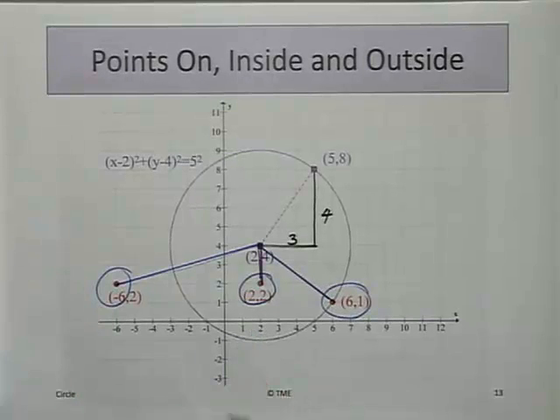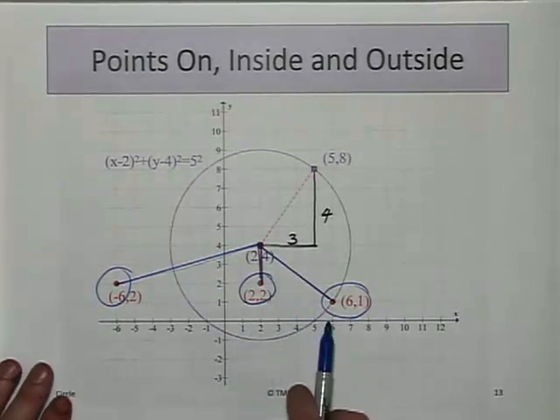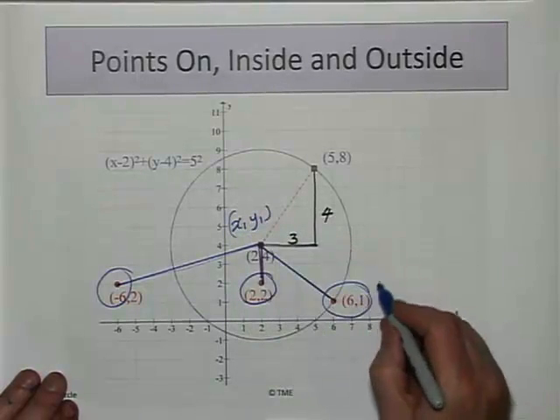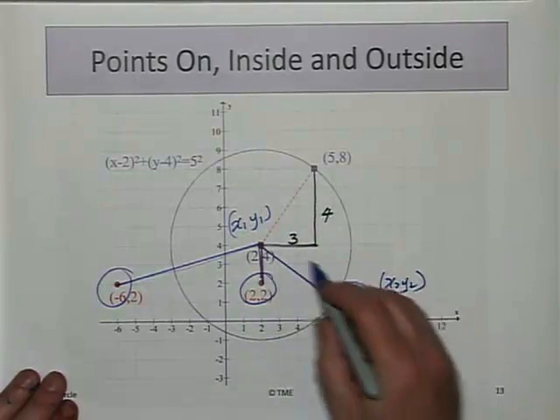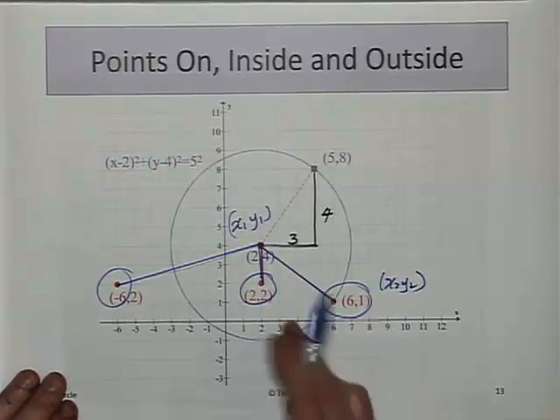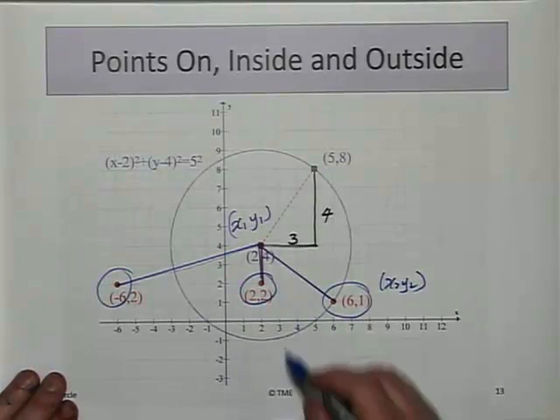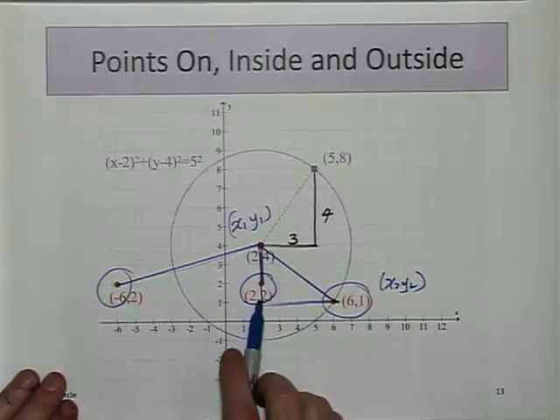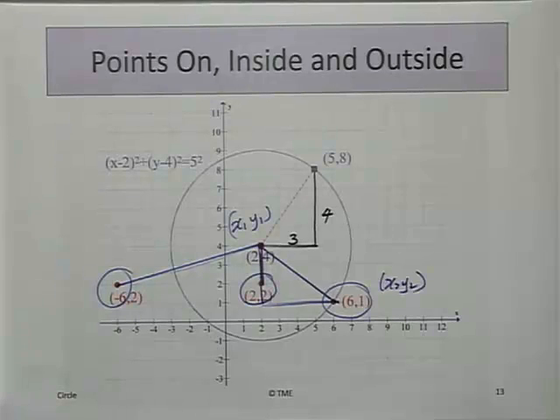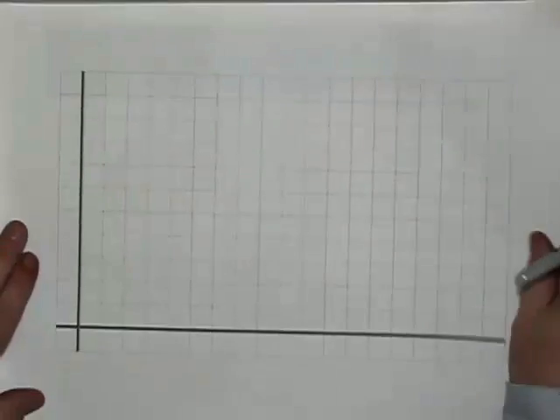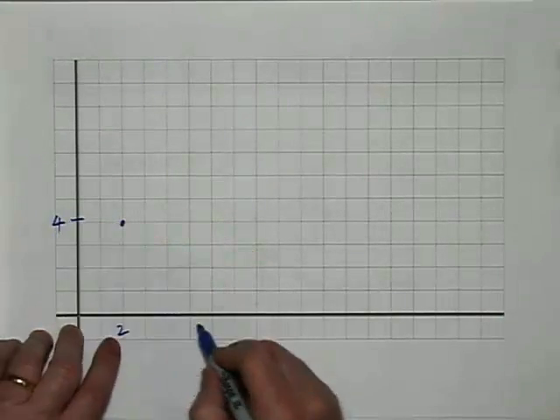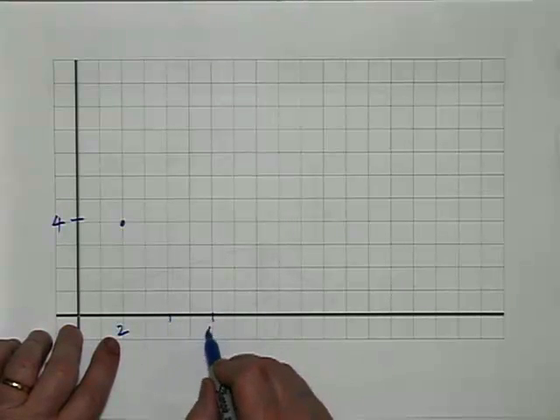Now, from another topic, you might use the equations in the line. This might be x1, y1, and this could be x2, y2, to work out the length of a line segment. Or you could say, let's just do it from the graph here. It looks like I'm going from 2, 4 to 6, 1.